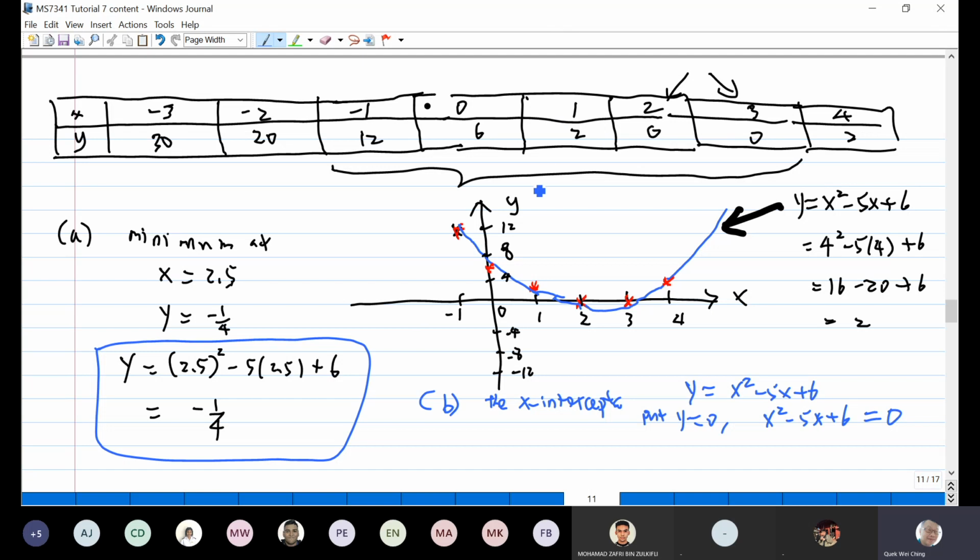So for y equal to 0, you get x squared minus 5x plus 6 equal to 0, and y equal to 0 is this line, the x-axis.